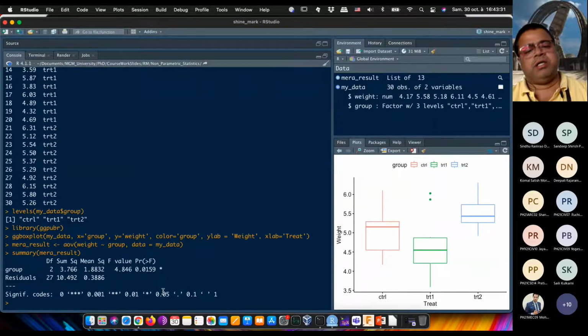That means there is a significant difference between these three columns, these three treatments. This is what is the interpretation.